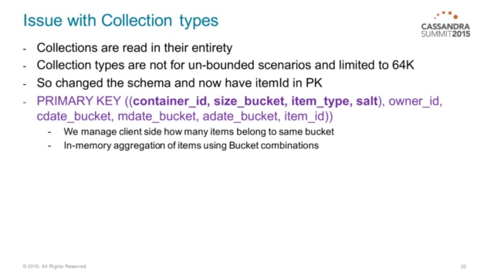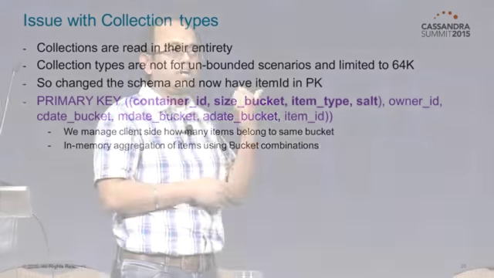I can keep aggregating the count and the total size, and as soon as any value in the combination changes, I know that I've moved from one bucket to another. That was something we had to change on our client side to get the same aggregation that we were earlier getting through the map, but that change was trivial. With that change, we don't have the limitations of the collection data type anymore.